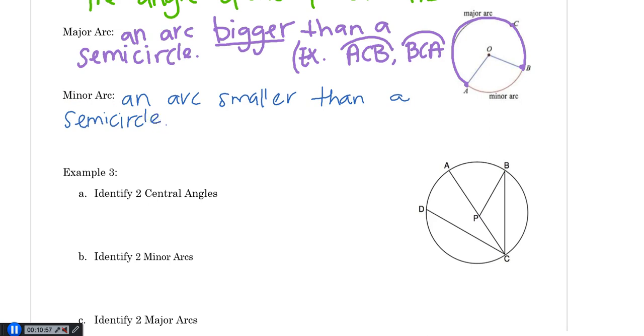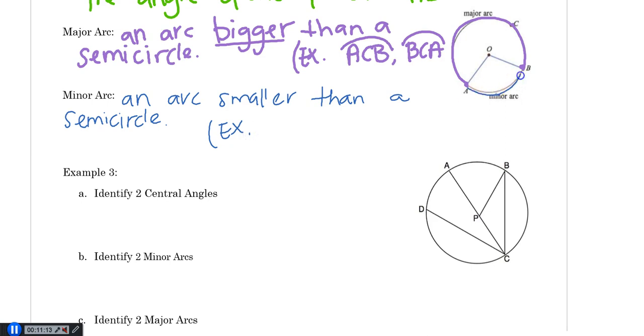And again, we do not need 3 letters actually to talk about a minor arc. We only need 2 points to talk about this. So kind of a lot of examples we could come up with. It just needs to be smaller than halfway.